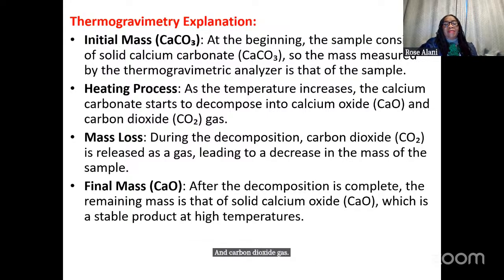So now you look at the mass loss. The loss in mass is what you're going to use to know the amount of your analyte. So carbon dioxide is lost, leading to a decrease in the mass of the sample. The final mass is that of calcium oxide, which is a solid. It is this one that remains, a stable compound as a product at high temperature. So you'll be able to know, oh, this is actually the mass of calcium oxide in this calcium carbonate.